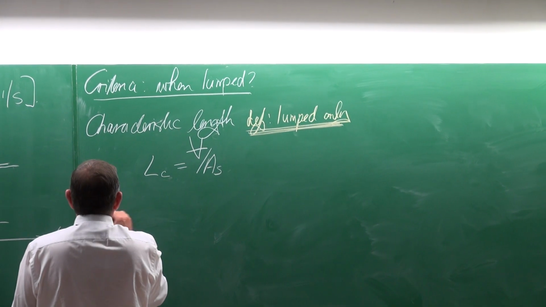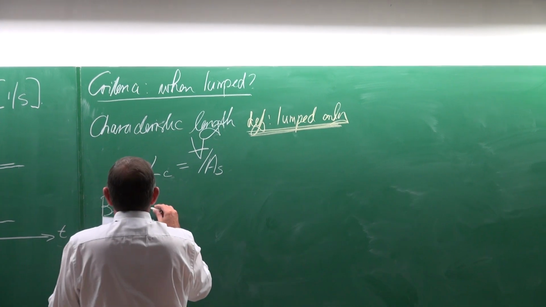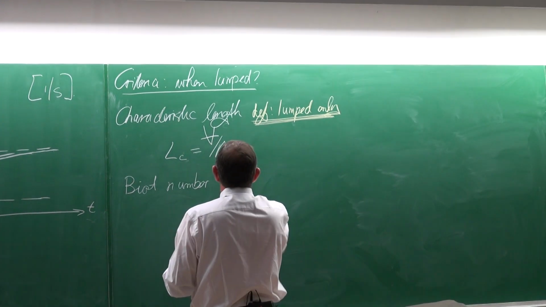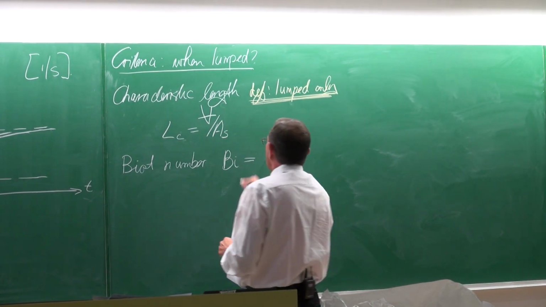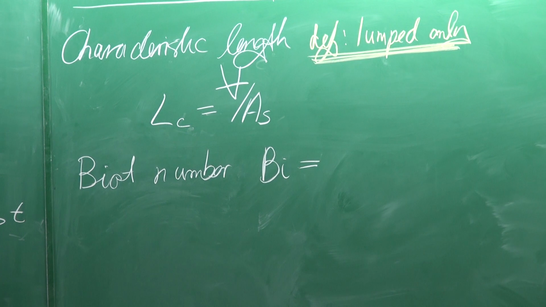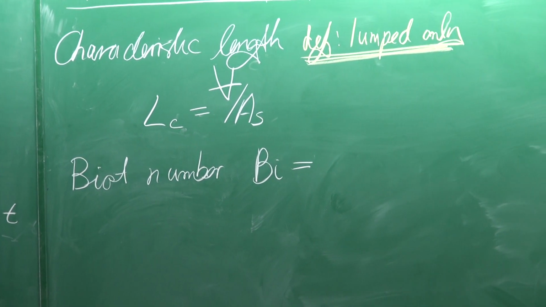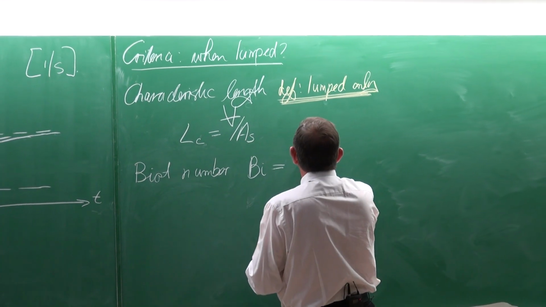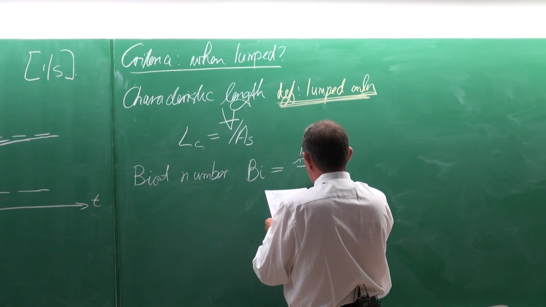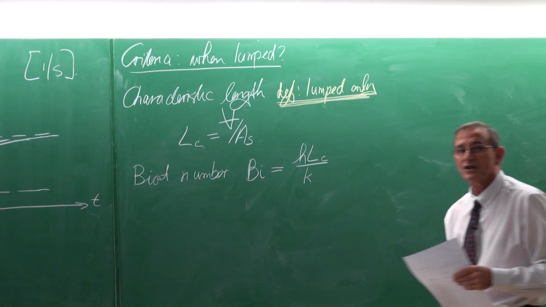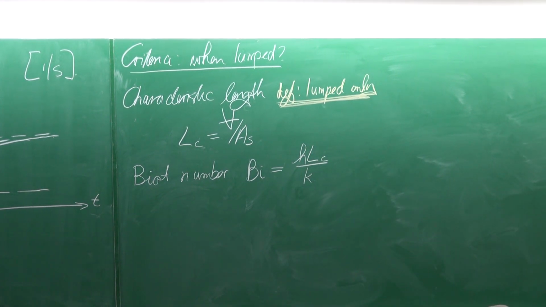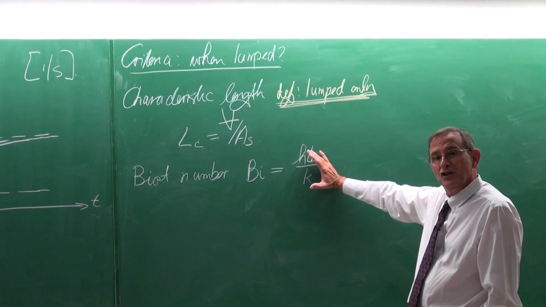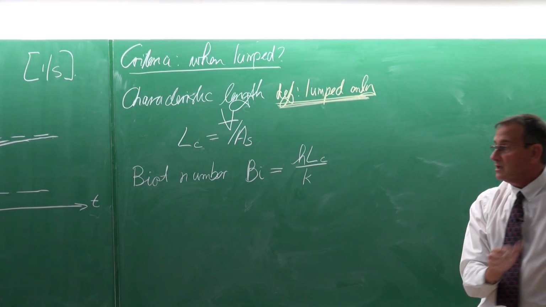We need to do that, and then we are going to get a number which is called the Biot number. We are not going to derive it now, but it's very easy to derive, and we are going to do it later on. It is equal to the heat transfer coefficient h multiplied by the characteristic length L_C divided by the thermal conductivity k. Now that's a mathematical definition, but what does it really mean?